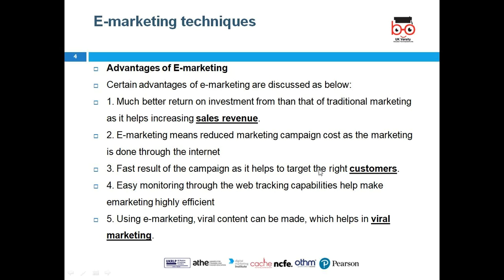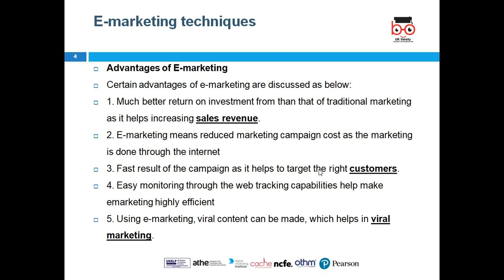Then number two is e-marketing means reduced marketing campaign cost, as the marketing is done through the internet, because it is cheaper. If you approach anyone via internet, it would be maybe, let's say, 1 pence per customer.